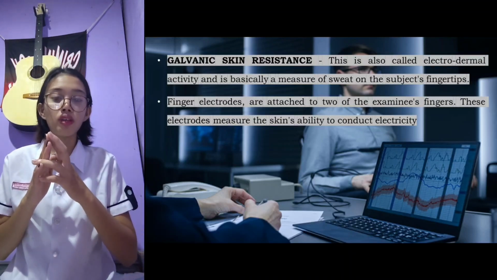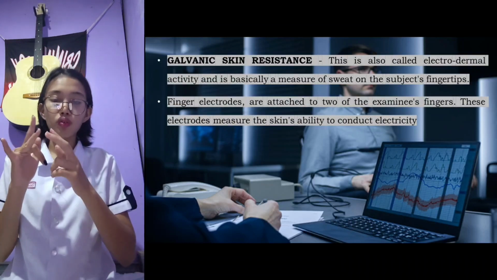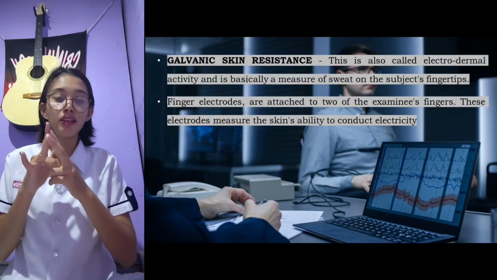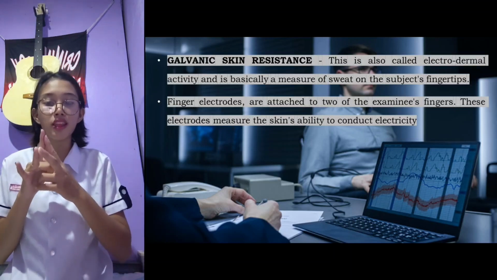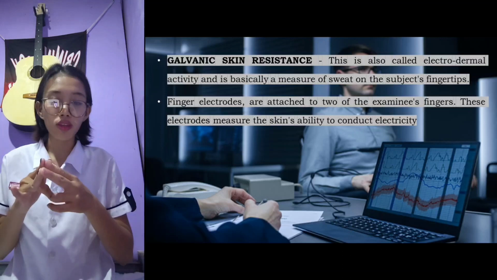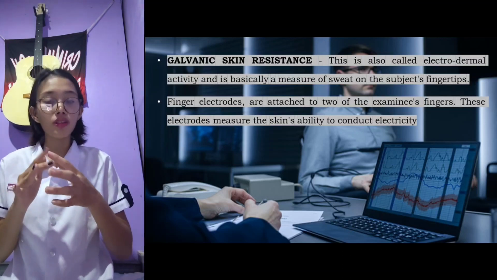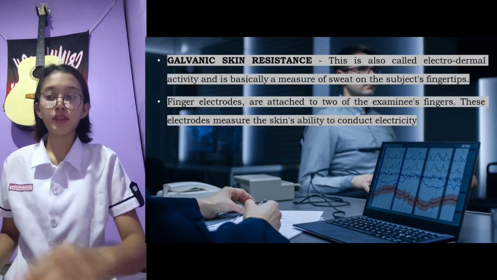So, nilalagay ito sa index finger and sa ring finger. So, ang dalawang daliri na to ang pinaglalagyan ng electrode. So, ang electrode ay na-detect niya ang electricity sa ating daliri by means of sweat or pawis na napoproduce ng ating balat or ng ating daliri.